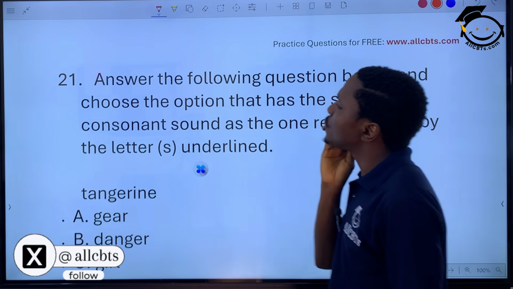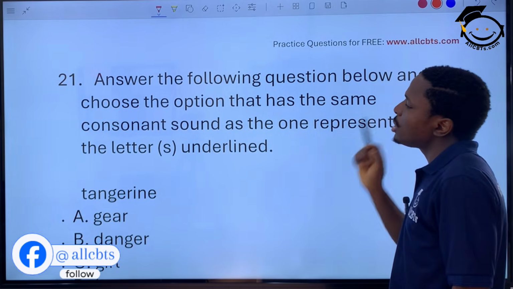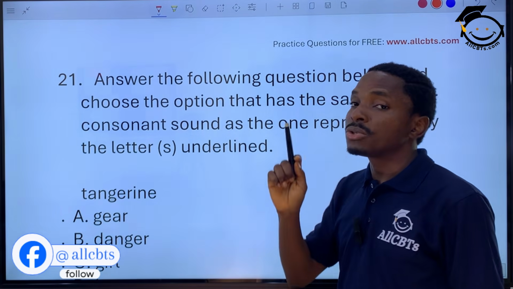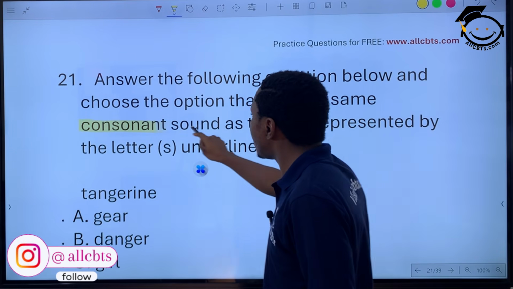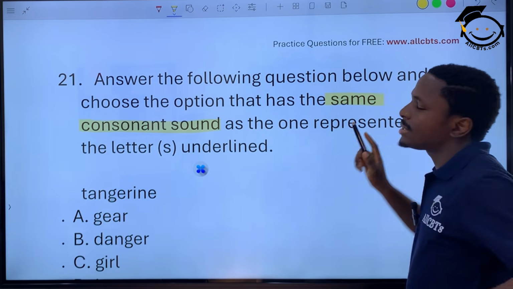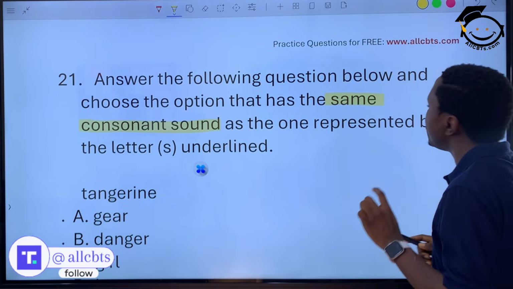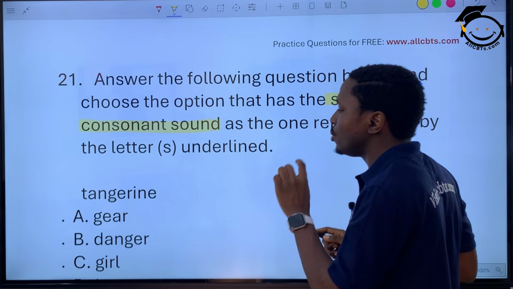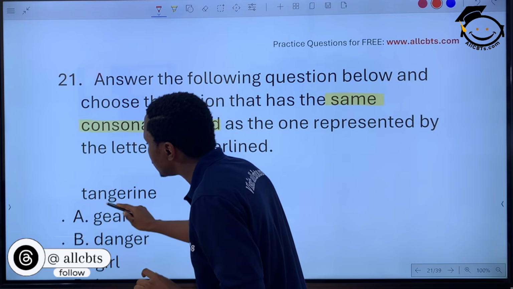Okay, now 21. Answer the following questions below and choose the option that has the same consonant sound. Note the instruction, same consonant sound, as the one represented by the letters underlined.